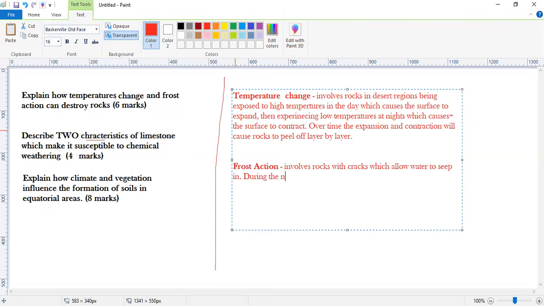During the night, when temperature falls below freezing point, the water freezes, causing the cracks to expand.